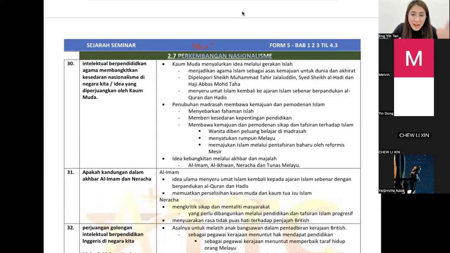First of all, the agama leaders started lah. That's why you can see the agama leaders started the activity first. Okay, the agama leaders. Tengok, just now we talk about agama leaders. They write newspaper. They created organization. So these are all the process on how they do it, the step by step. So they share the idea.